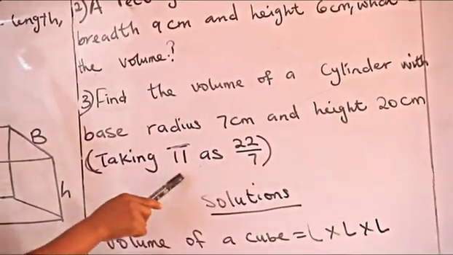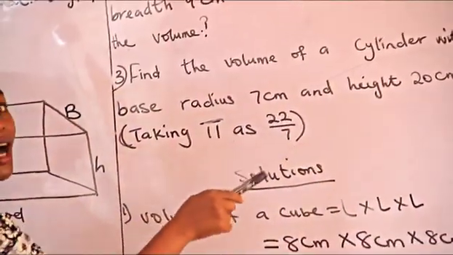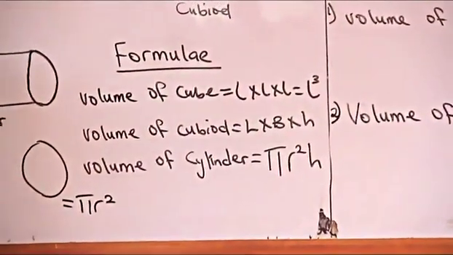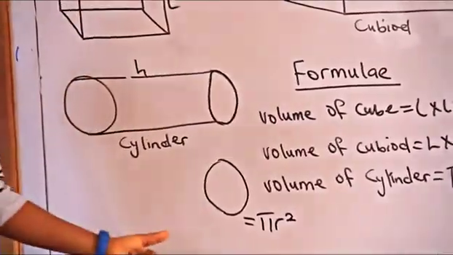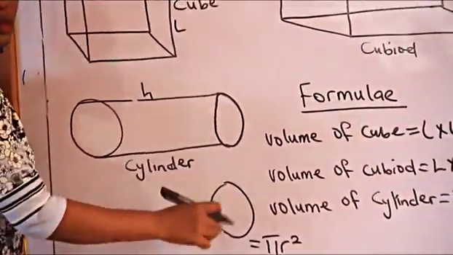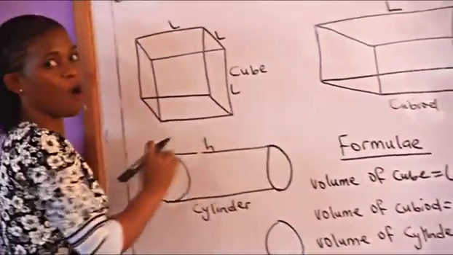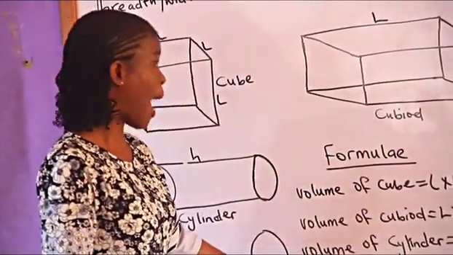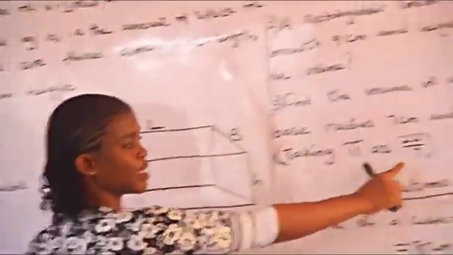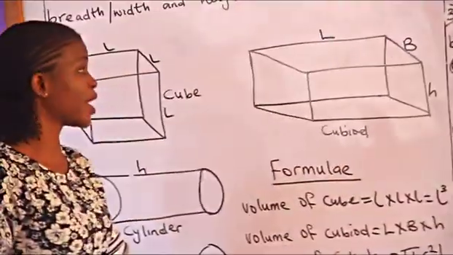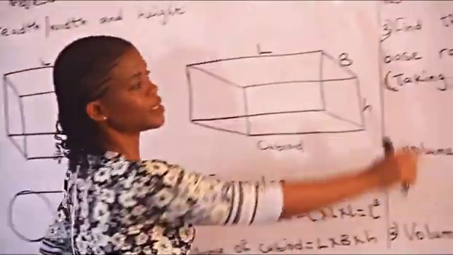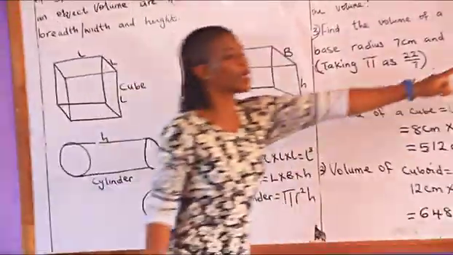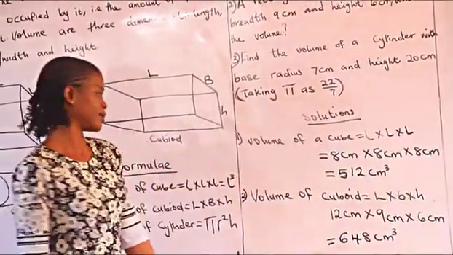Taking our pi as 22/7. This is a cylinder. We have said that we put the circle into consideration and then the height of the cylinder itself. So now we have been given our pi to be 22/7, and our radius is 7 centimeters, and we already have our height as well to be 20 centimeters.